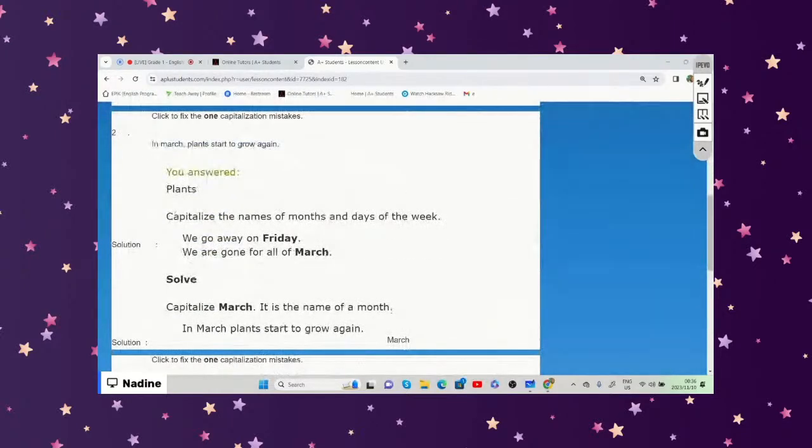So number 2 says, let us fix the one capitalization mistake. In March, plants start to grow again.